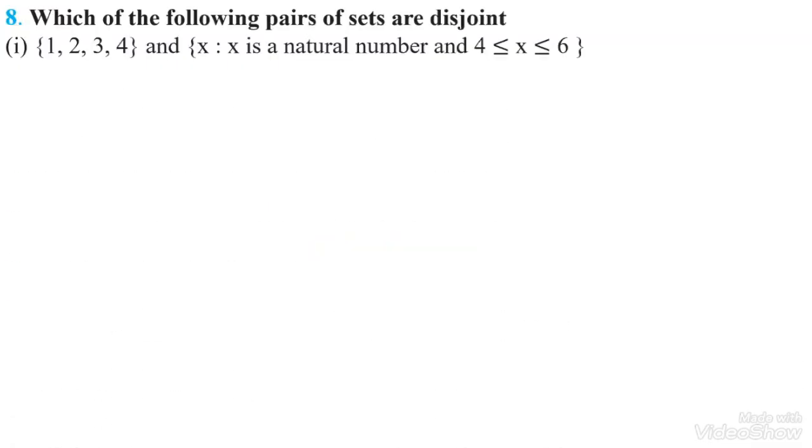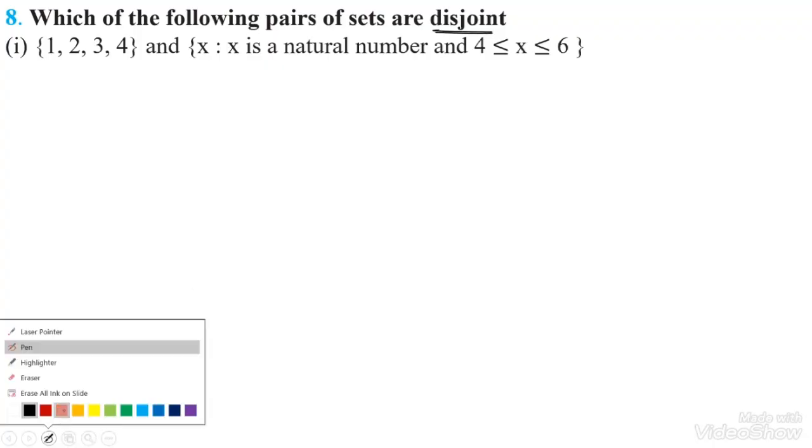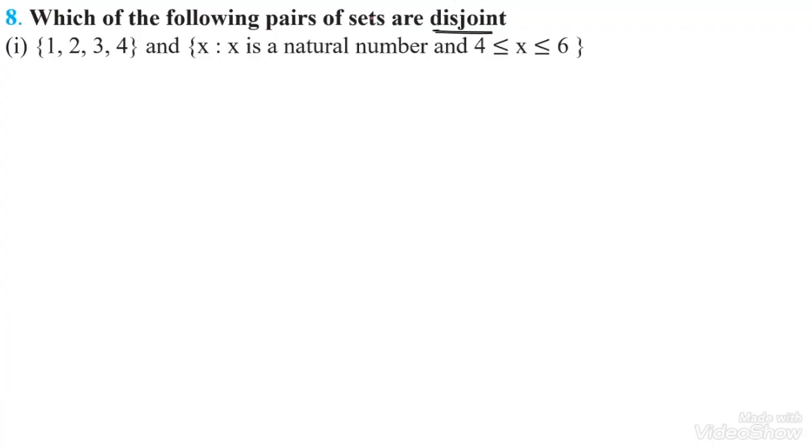Let us move on to the next question. Question number 8. Which of the following pairs of sets are disjoint? We already know the definition of disjoint: if there is no common element between two sets, those sets are called disjoint sets. If A and B are two sets and there is no common element between them, then both sets are called disjoint sets.